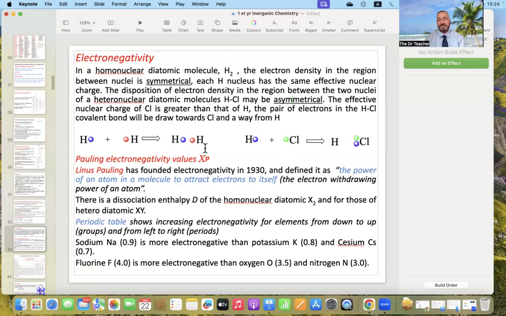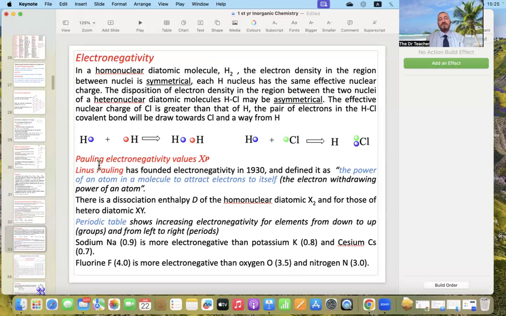Here is full sharing; here is not equal sharing. The electrons go towards the chlorine because chlorine is more electronegative than hydrogen. They are still bonded to each other, but the two electrons are beside the chlorine, filling all the orbitals of chlorine.